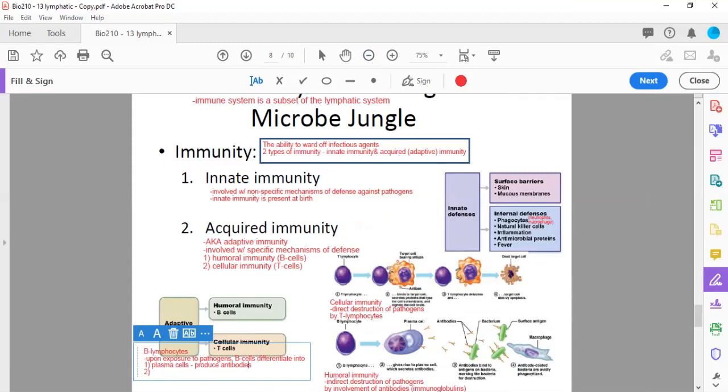And they also differentiate into what's called memory cells. Now, when I asked the question, what is the function of memory cells, people say, well, duh, it remembers, okay?